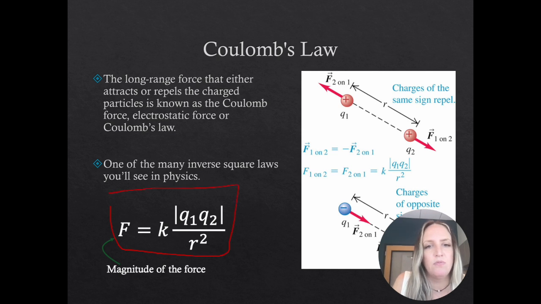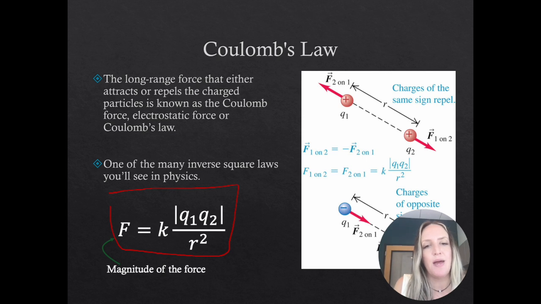Coulomb's law is F equals k, which is a constant, times the value of each charge involved. We denote little q as charge, divided by the distance between the two charges squared. This r is just the distance between the two charges.